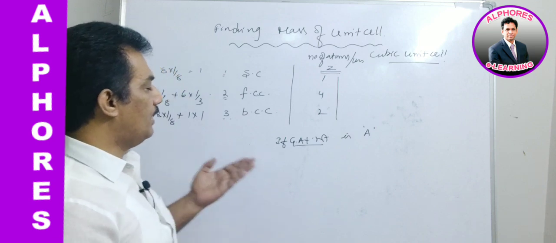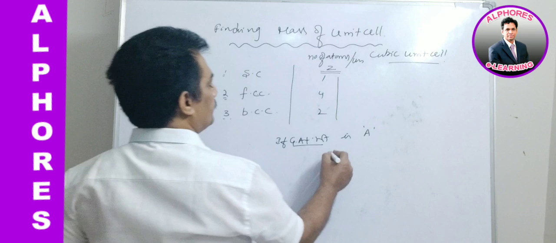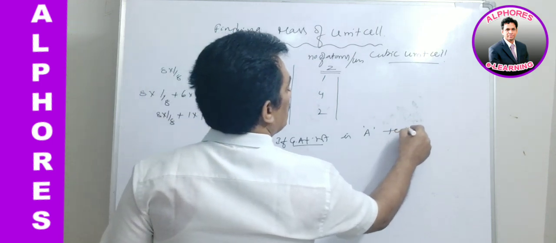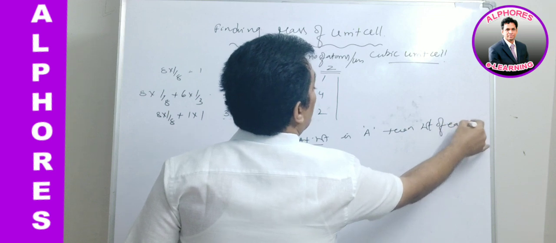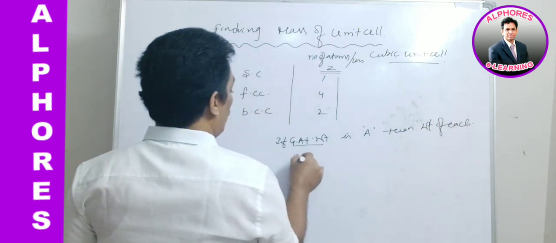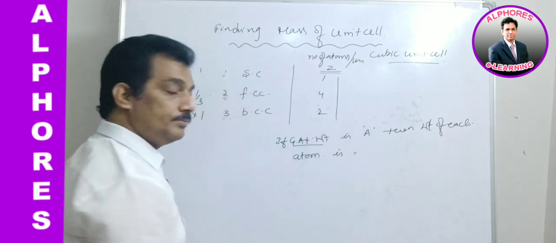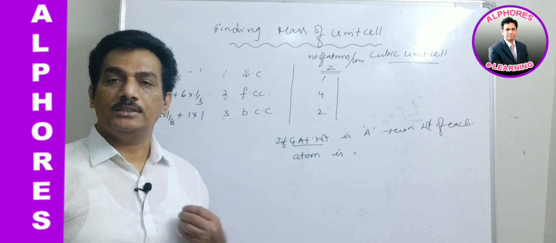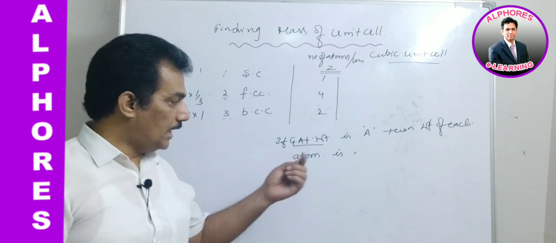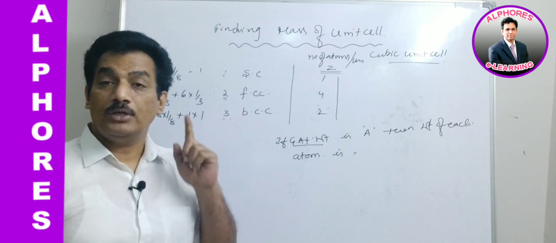If the gram atomic weight of any element is A, what is the weight of each atom?